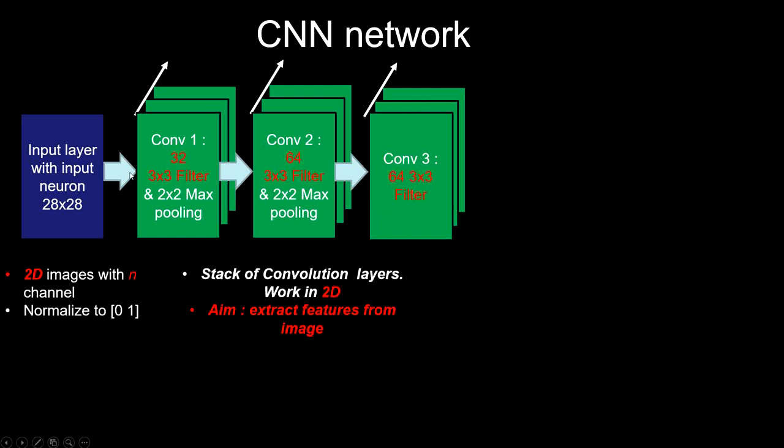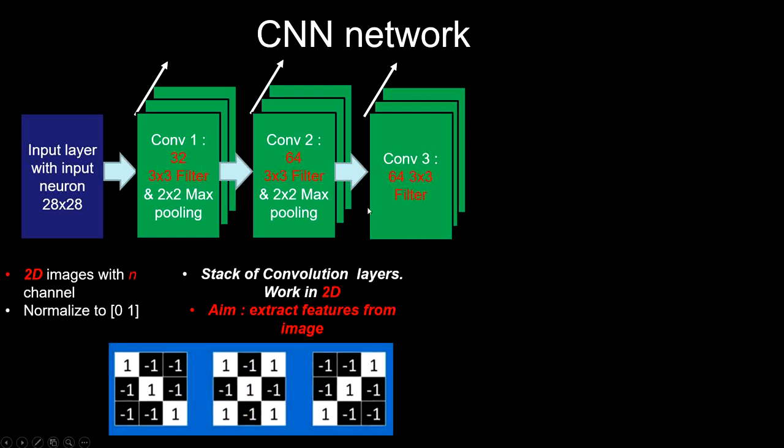So the question is, what are the filters? Usually we use either 3x3 or 5x5 dimension filters. The filters are just simple kernel functions which are used to enhance or extract some important features from the image.